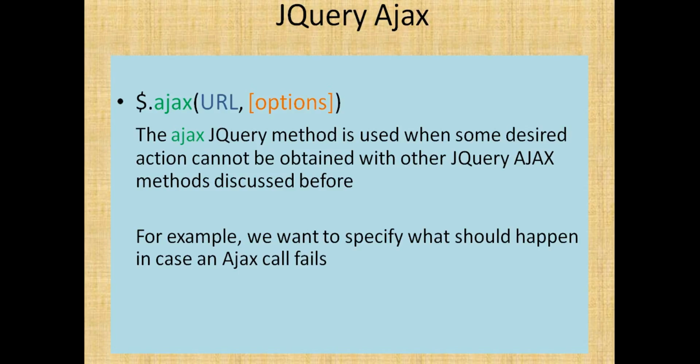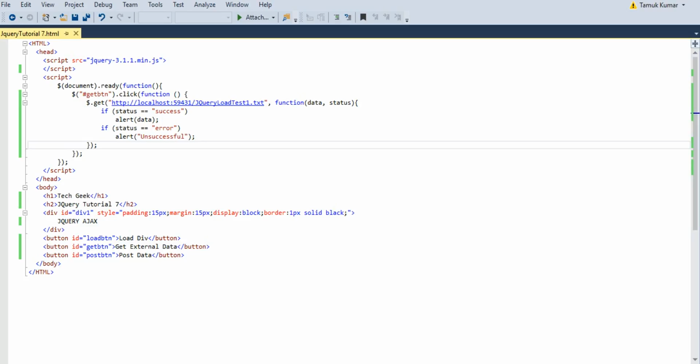Now let's look at the next jQuery method. It's the AJAX method. The AJAX jQuery method is used when some desired action cannot be obtained with other jQuery AJAX methods discussed before. For example, we want to specify what should happen in case an AJAX call fails. Let's see how the AJAX method is useful. As you saw earlier, while using the get method, it wouldn't show an alert showing unsuccessful when an error occurred. We will fix this issue with the help of the AJAX method. Let's replace get with AJAX.